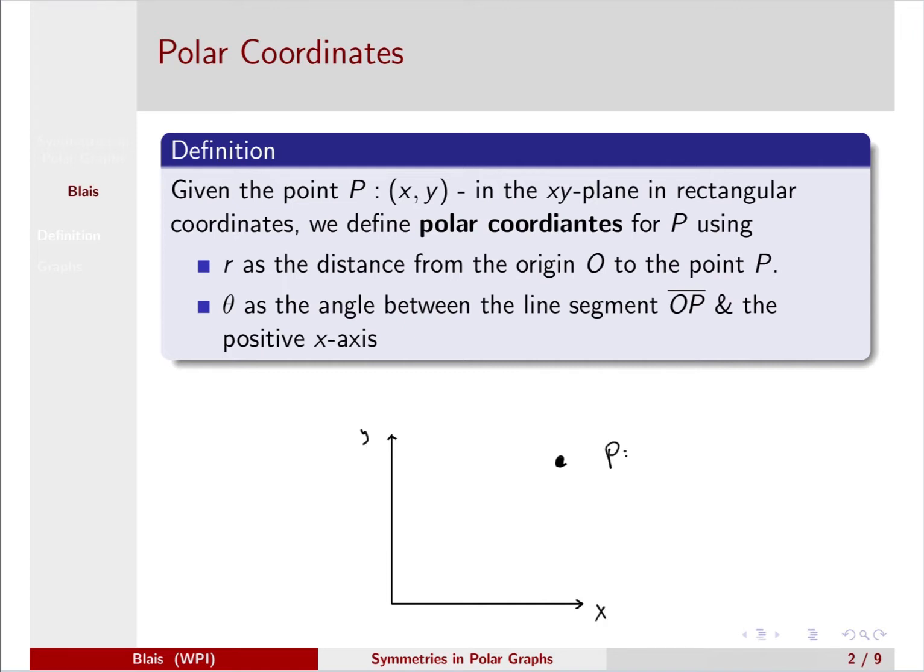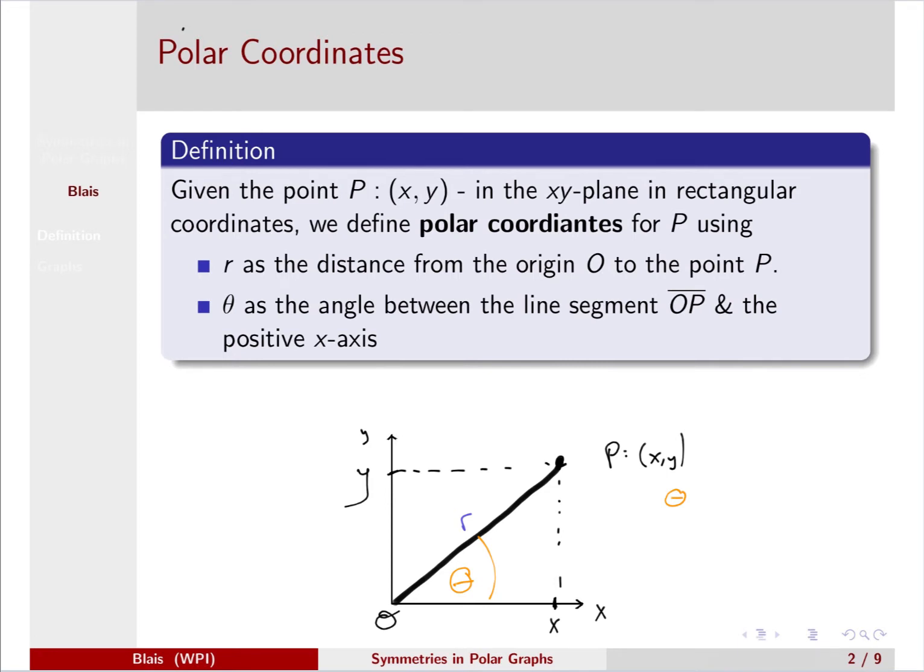And if this is our point xy in Cartesian coordinates, then the way we defined a set of polar coordinates for this point was by looking at the length of the line segment from the origin O to the point P. We call that r, and the angle formed by that line segment and the positive x-axis is our theta.